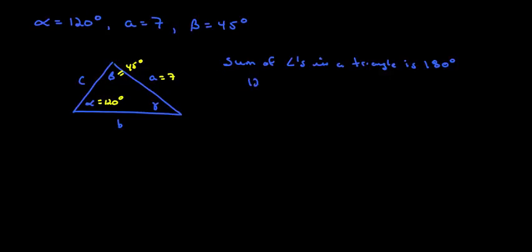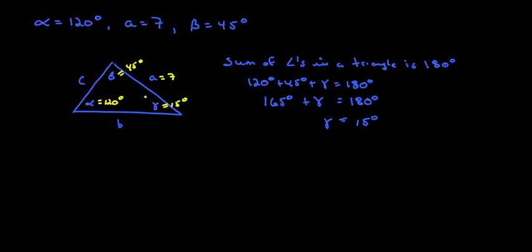So 120 degrees plus 45 degrees plus gamma should be equal to 180 degrees. So gamma plus 165 degrees is equal to 180 degrees, or gamma is equal to 15 degrees. So we can fill that one in as well.